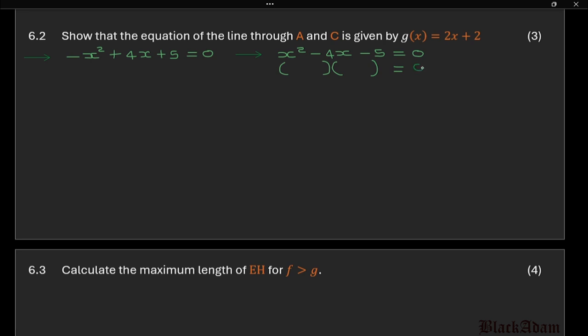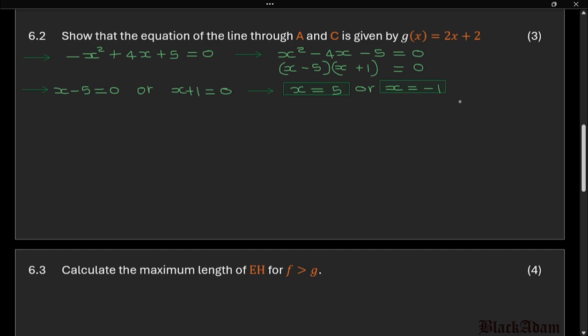Factorizing that gives -5 plus 1. So that means we have x minus 5 equals 0, or x plus 1 equals 0. So x equals 5, or x equals -1.